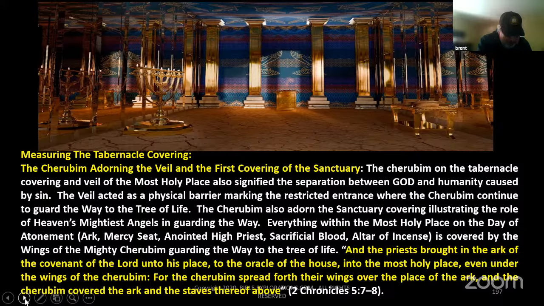Well, we don't have cherubim on the poles that carry the ark, the staves. How do the wings cover them and cover that whole area? Because those wings of the cherubim are not only on the mercy seat, but they're on the inner covering, the ceiling above, and they're on the veil that separates it.